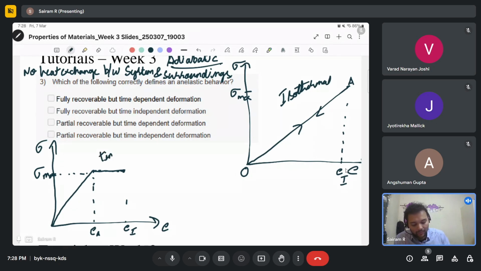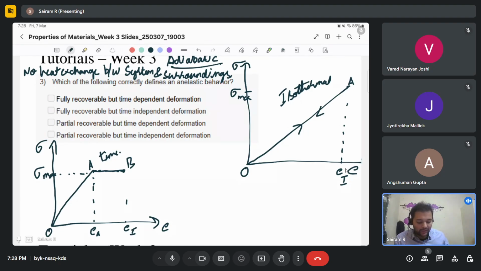There is some equilibration time for it to reach from, say, point O, A, B. It reaches point O to point A instantaneously upon applying the sigma max load. But for it to reach the maximum strain, which corresponds to point B at sigma epsilon I, it takes time. There is a certain delay in which the strain is observed.